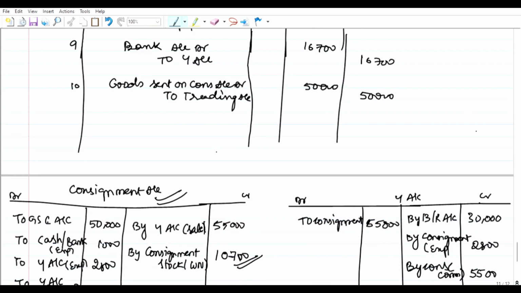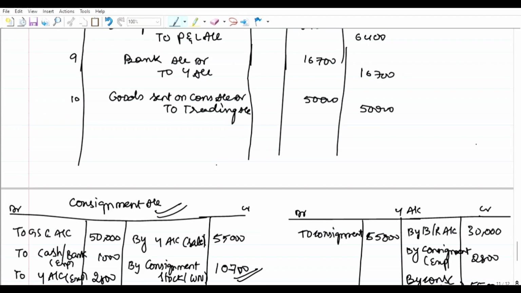Now let us see how to calculate the consignment stock once again. Let me write the formula also. One minute.